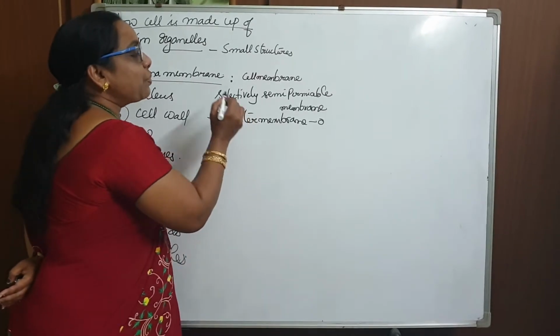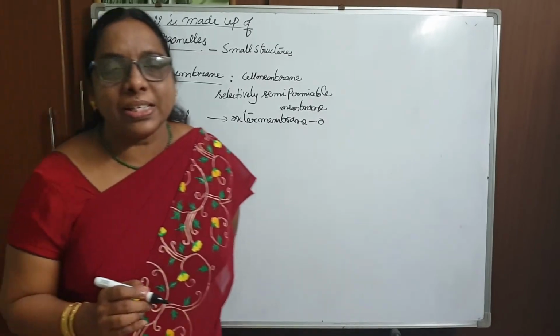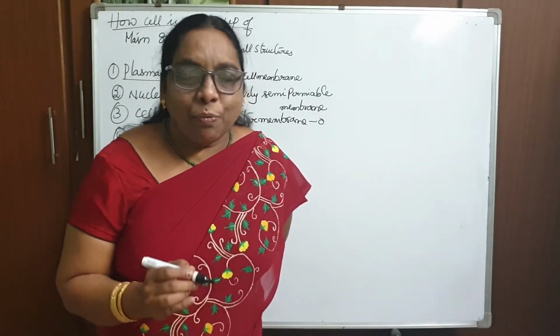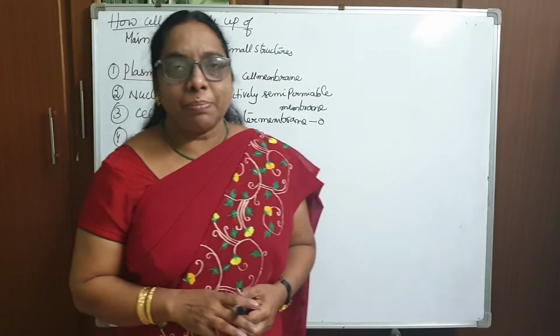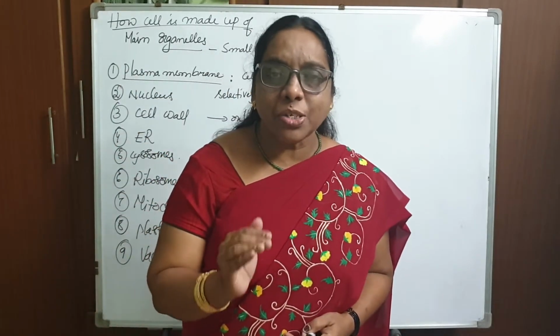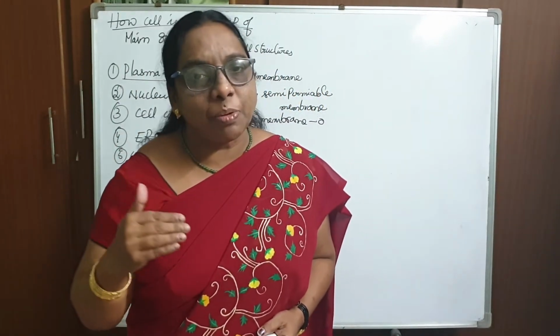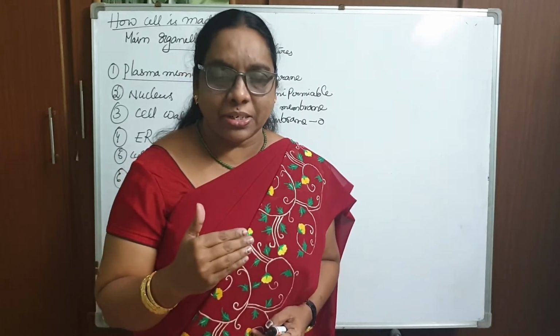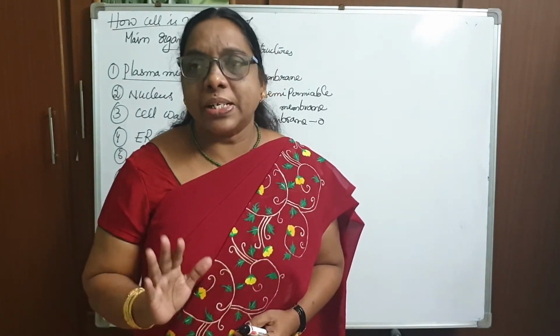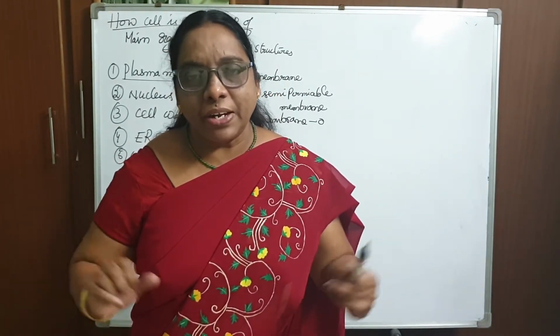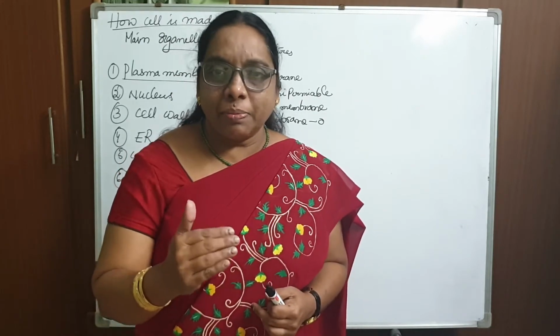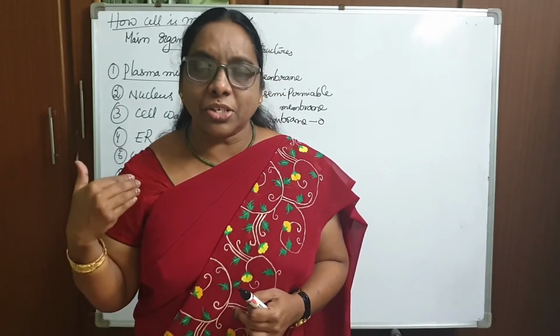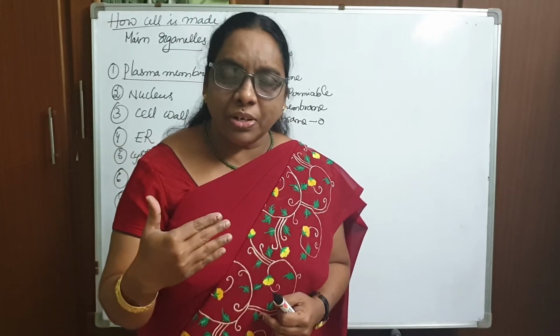So the next point is why this is called a selectively semi-permeable membrane. It means it allows only certain particles to pass through it. For example, at the big Greenfield International School, if you want to enter the school, who will stop you at the entrance?